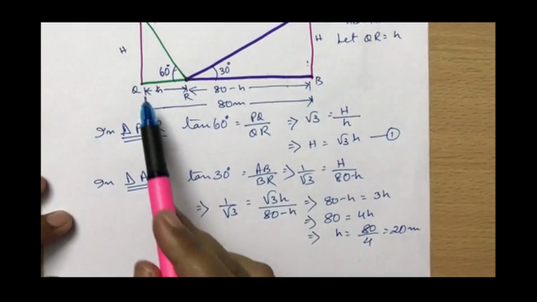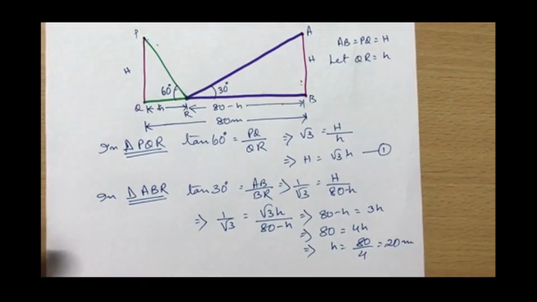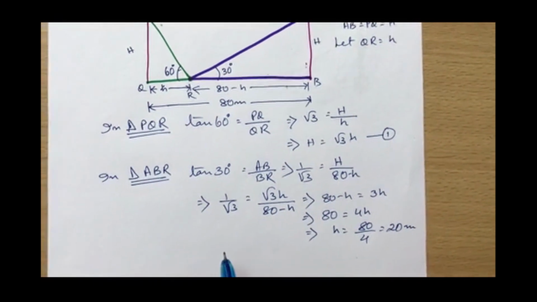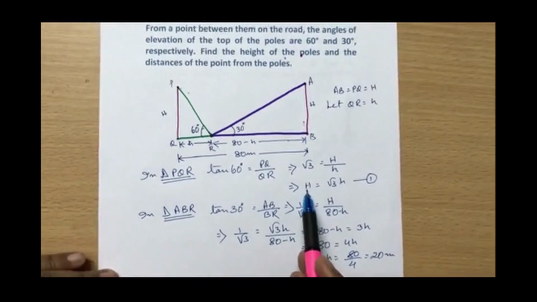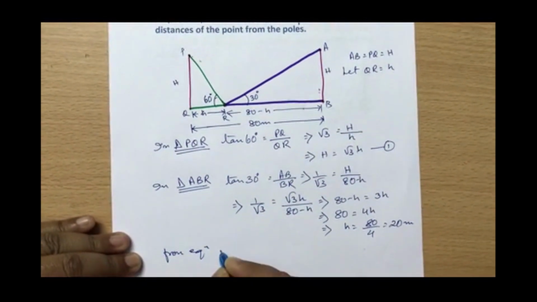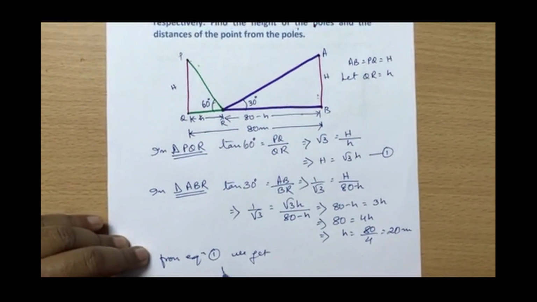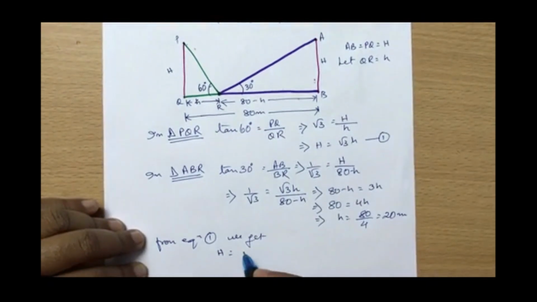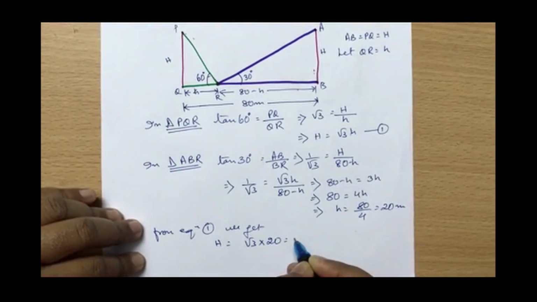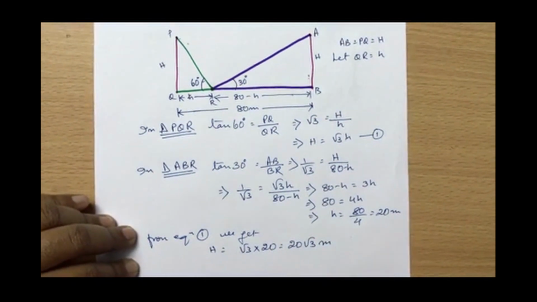That means we have got QR is equal to 20 meter. If QR is equal to 20 meter, then from equation 1, what is capital H? It is root 3 into 20. So I have 20 root 3 meter.